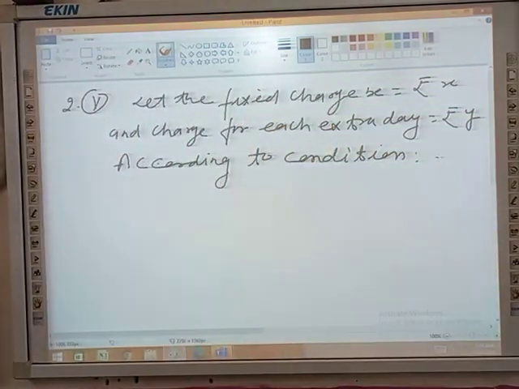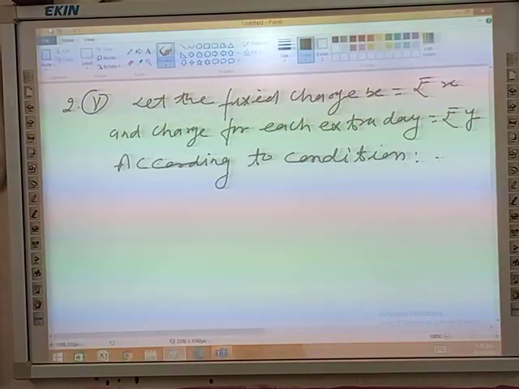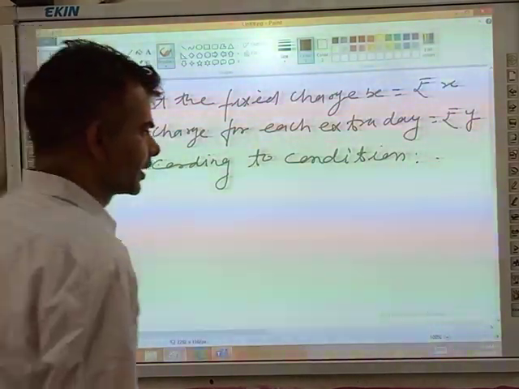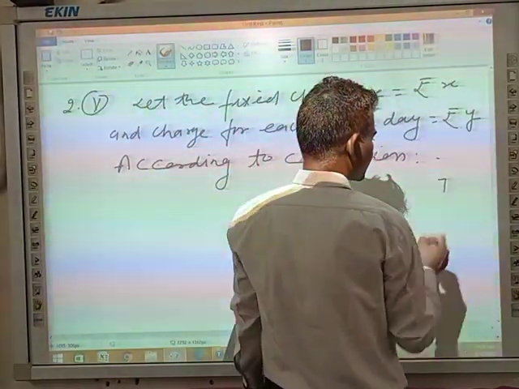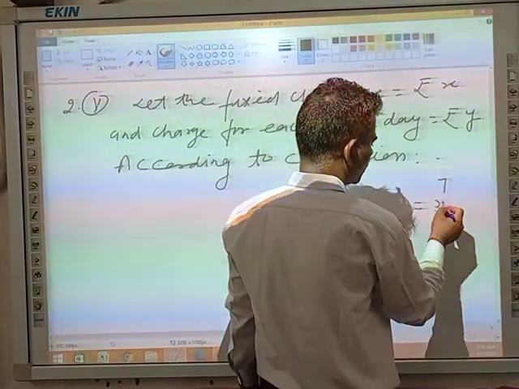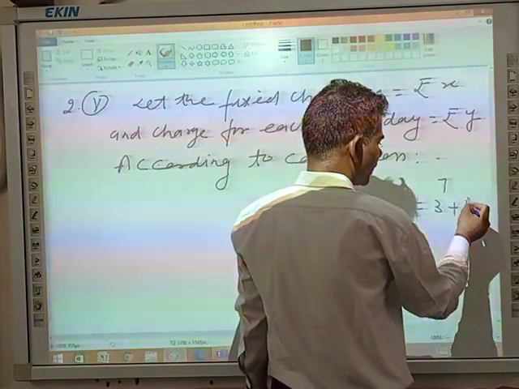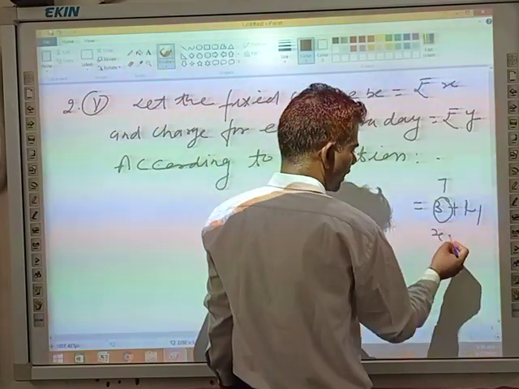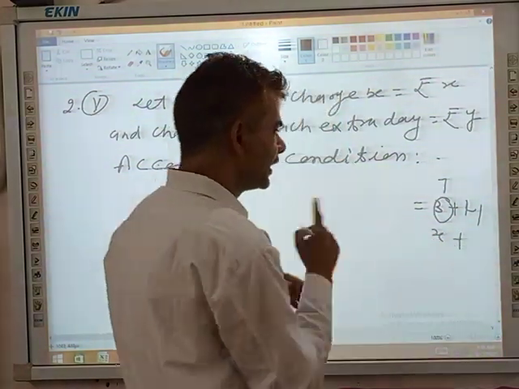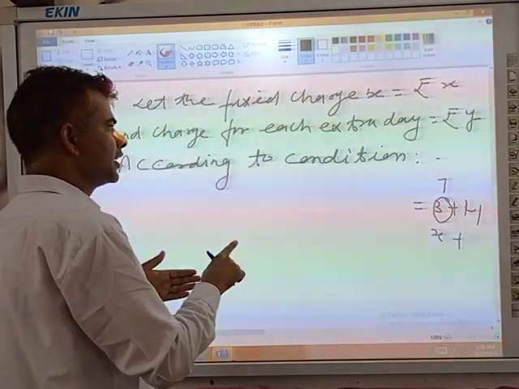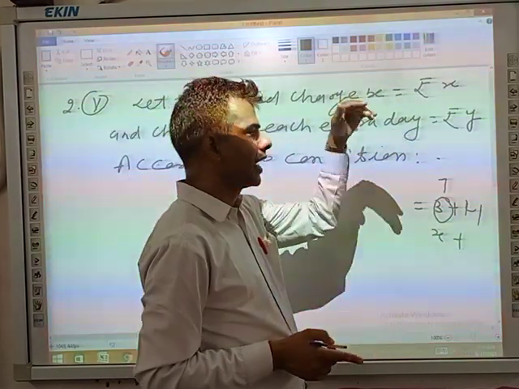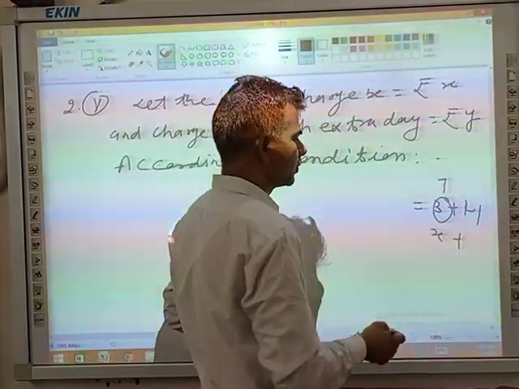Students, Saritha paid 27 for a book kept for 7 days. Break the 7 days. That is 3 plus 4. Students, for 3 days the charge is rupees x, and for each extra day the charge is rupees y, so for 4 days it will be 4y.